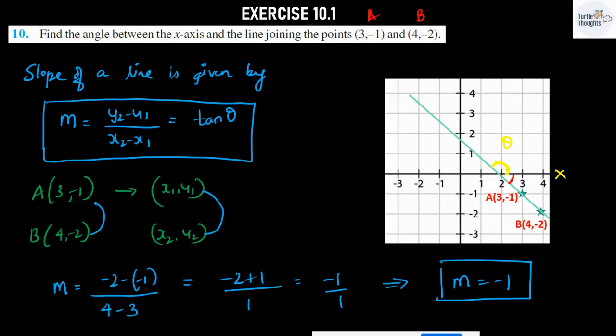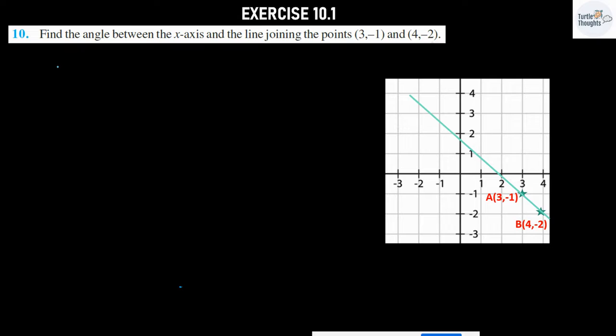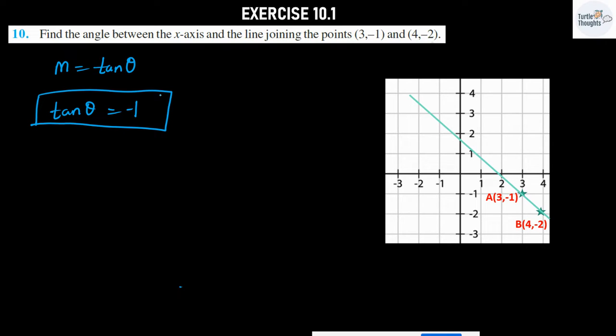Yes. Now since the value of m is minus 1, and since m is equal to tan theta, tan theta will be equal to minus 1. Can I tell this? Yes? Okay. Now, what will be your angle theta when the value is minus 1?